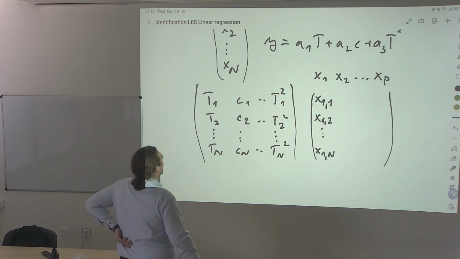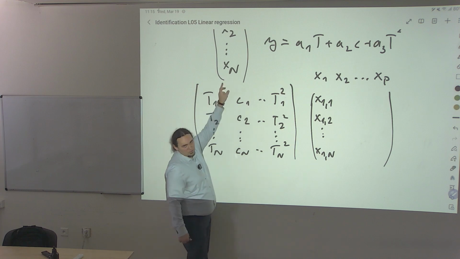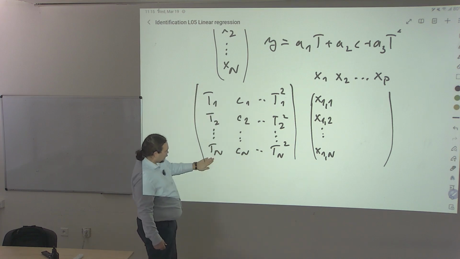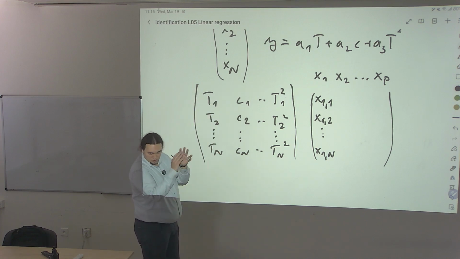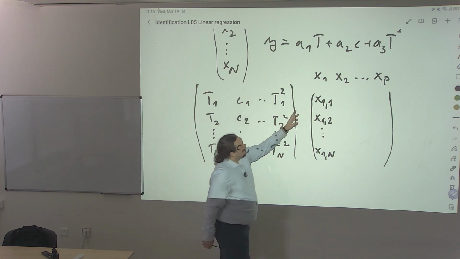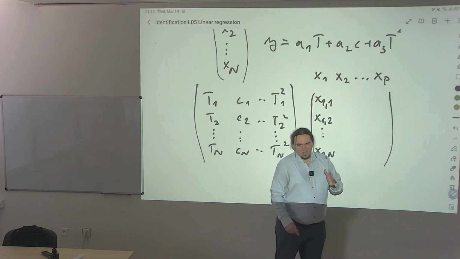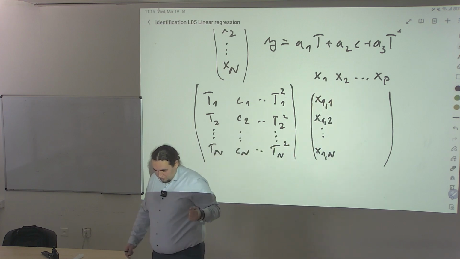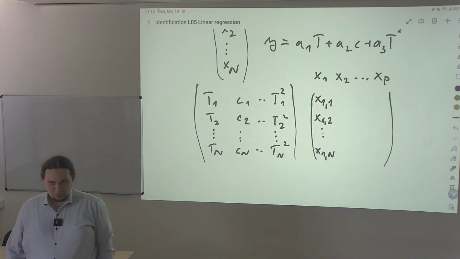So we can combine this structure of having n rows, where each row represents an experiment, a measurement, with the fact that we now have a couple of these independent variables.